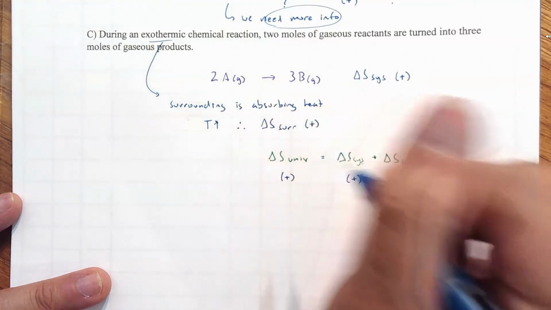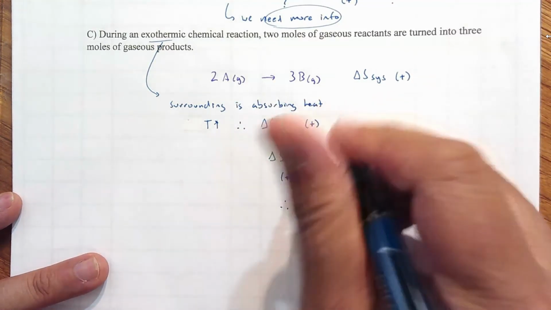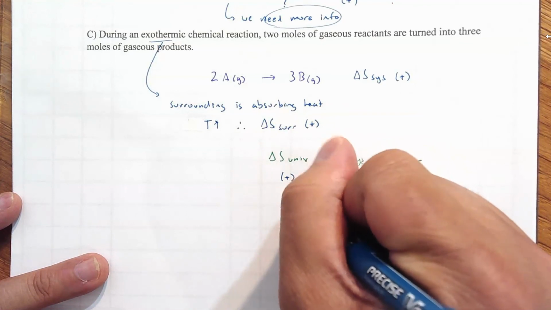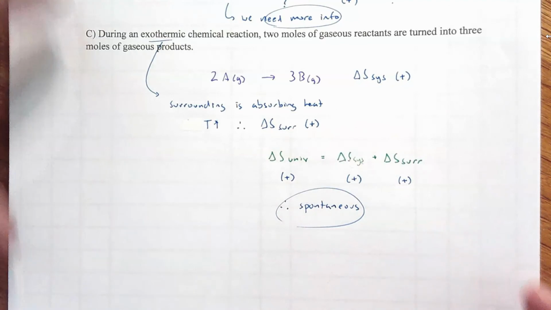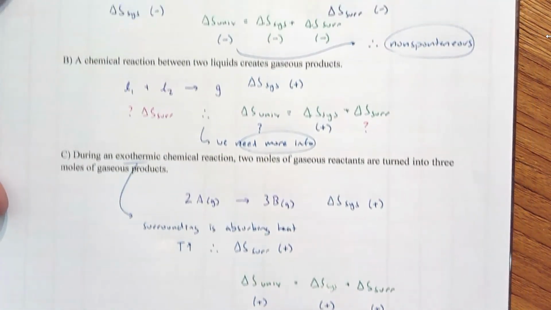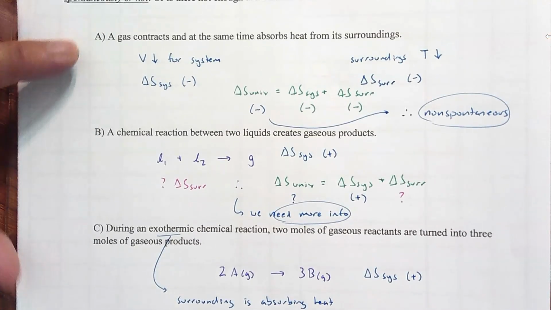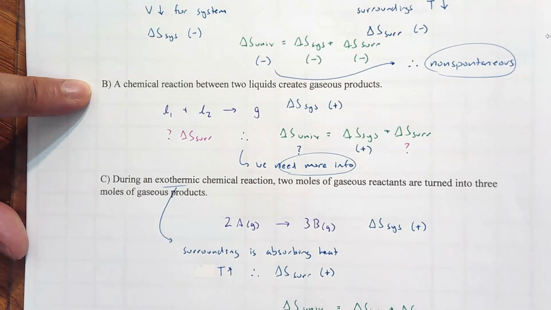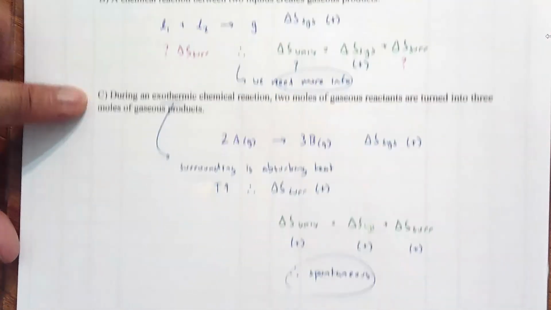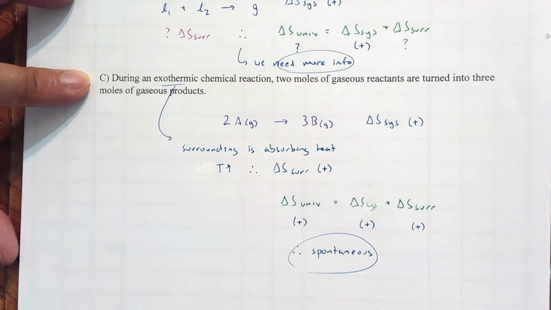This is the one case where now the process is spontaneous. We actually have one of each. We have a non-spontaneous process, a process where we need more information, and letter C, the process is spontaneous.